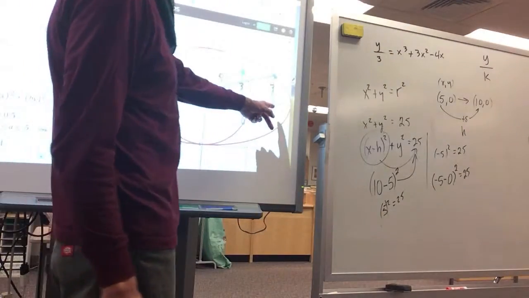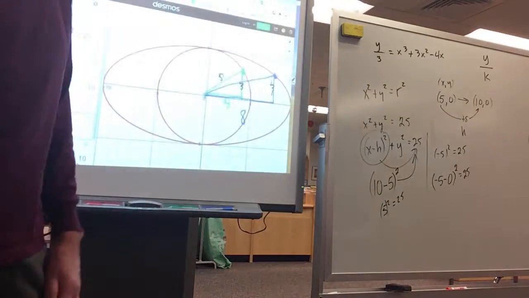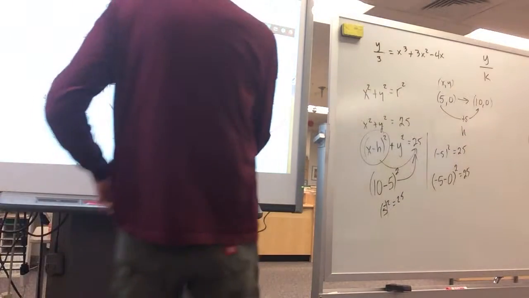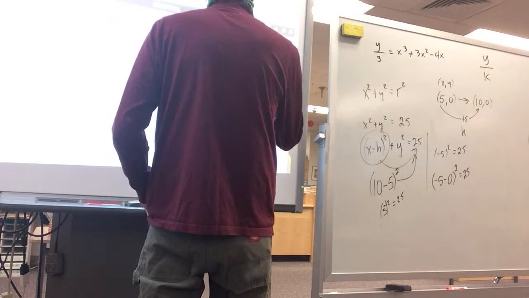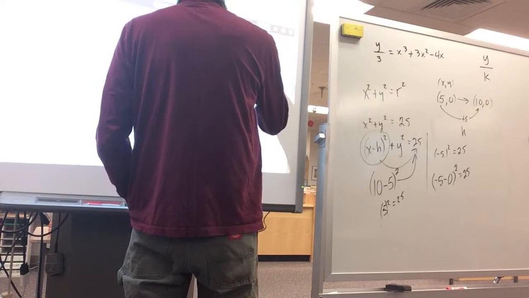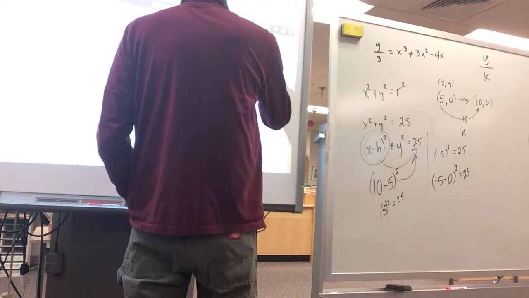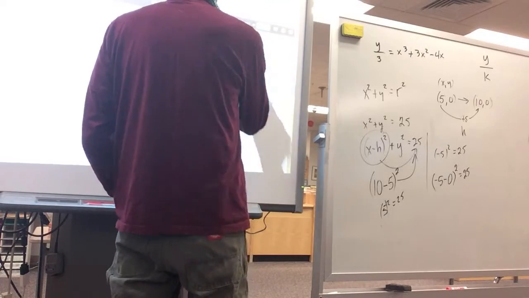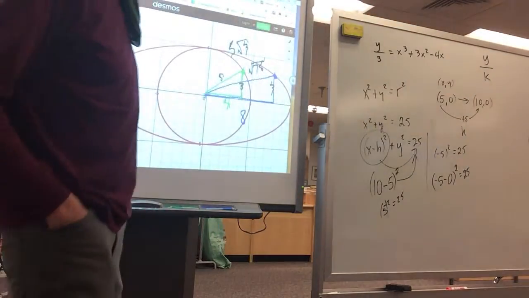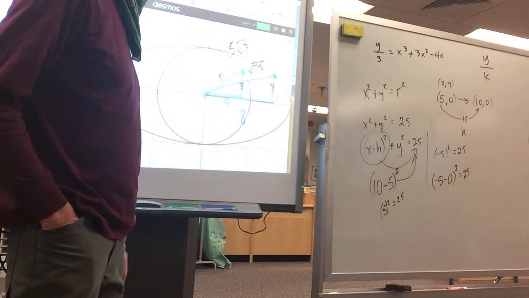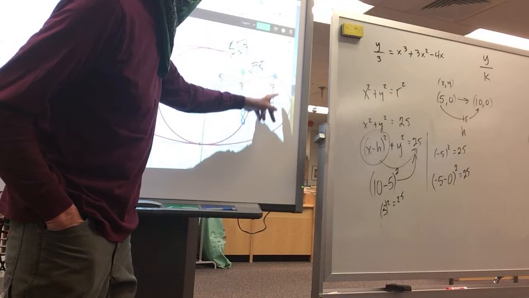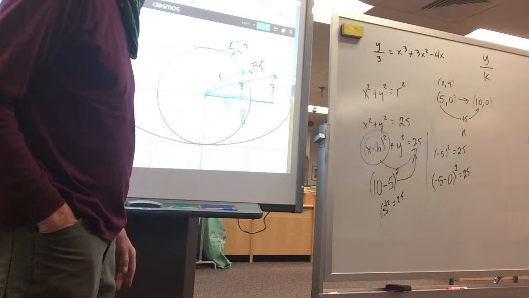Okay, 8 squared is 64 plus 9 is 73. This hypotenuse is root 73, not a nice number. It's 8 and 3.